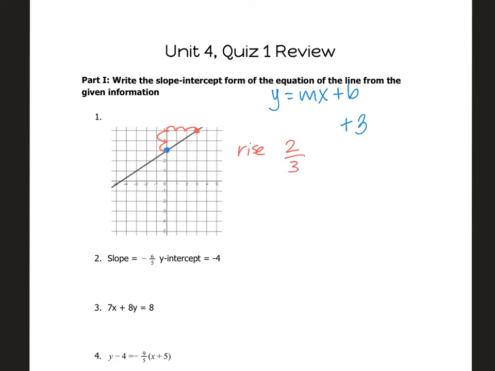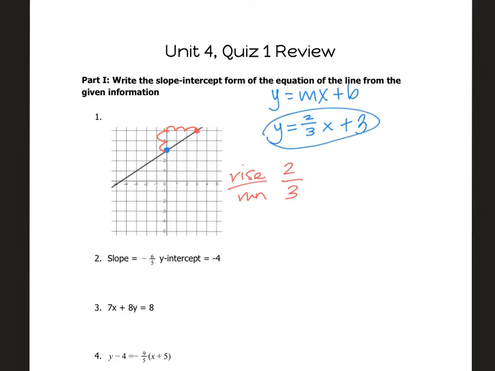Okay, so that is my slope. So I'm going to plug that into my equation. Just writing this off to the side for you guys so it's not in the way. So 2 over 3x, 2/3 x plus 3, that is our slope-intercept form.